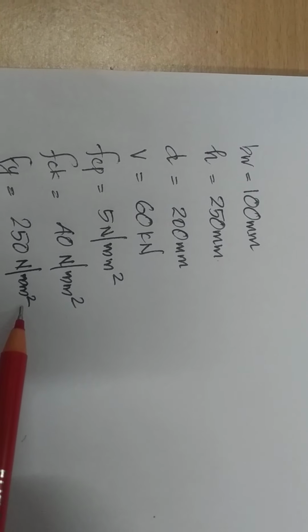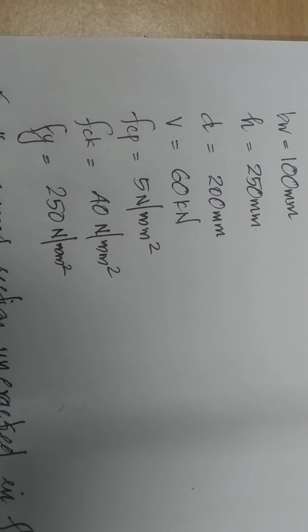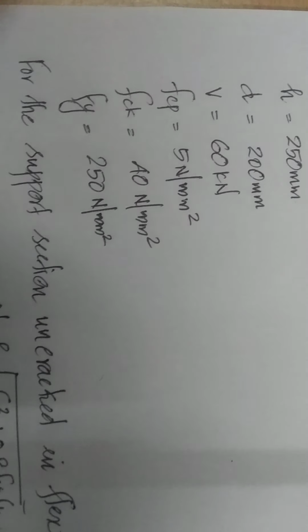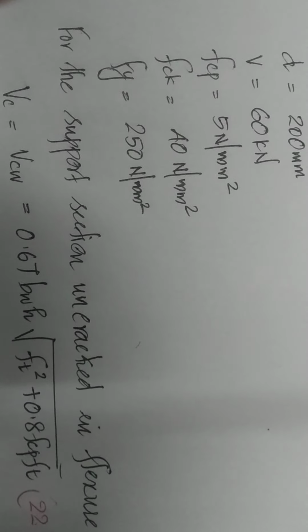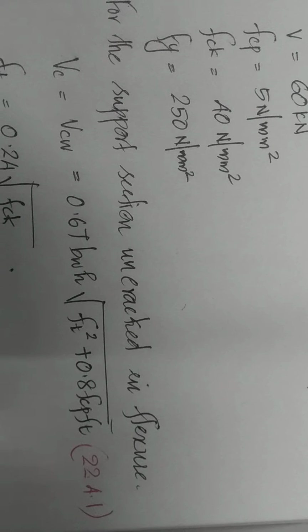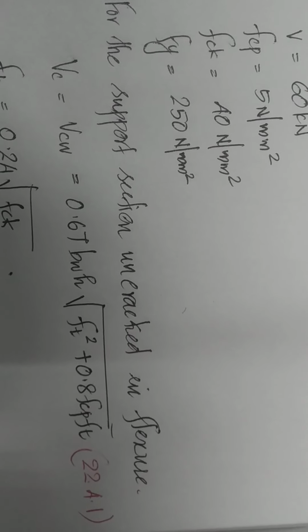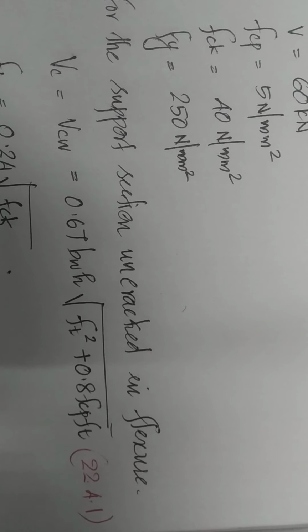Then we need to design. For the support section, we are considering the uncracked case. For the support section, uncracked in flexure, we know from IS 1343 clause 22.4.1 that Vc is equal to Vcw, which is given by the equation.